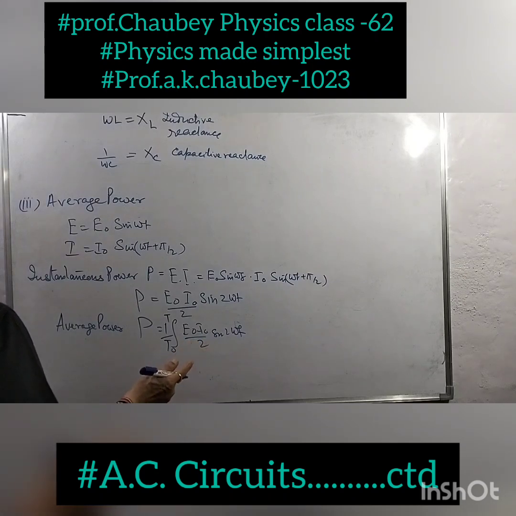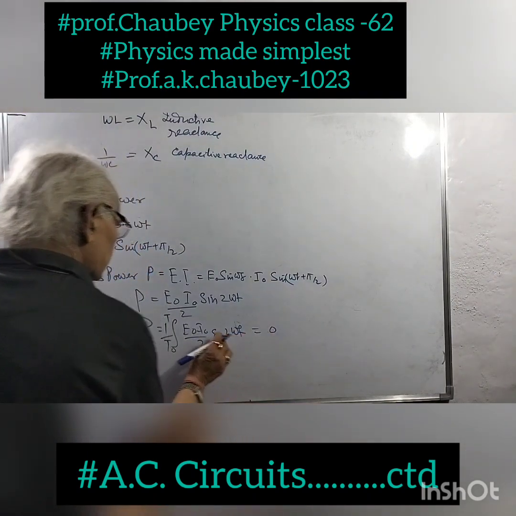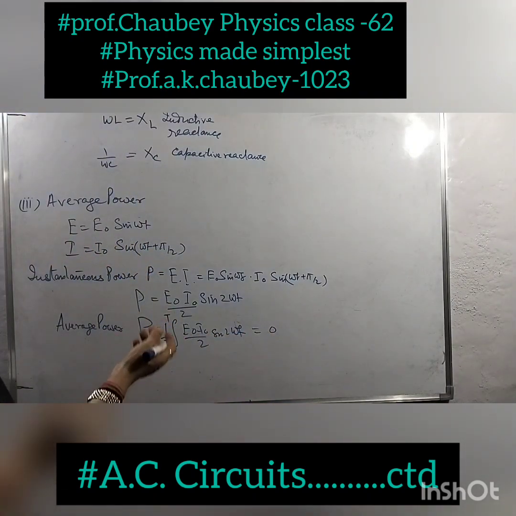So you can write that P is 0, the integral of this over the limit. Average power P over one cycle is 0.